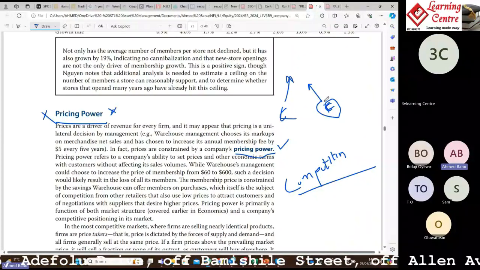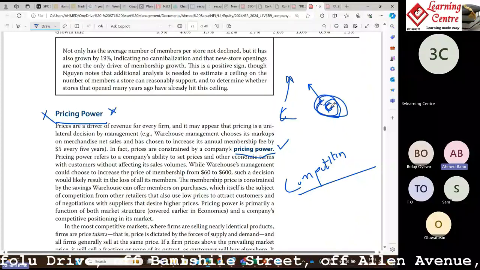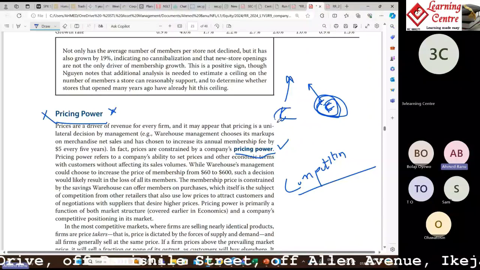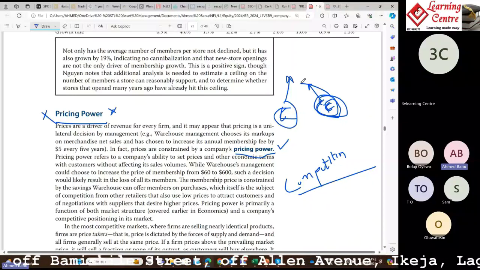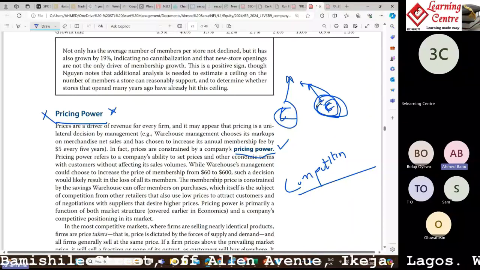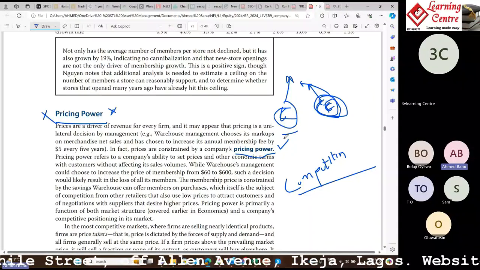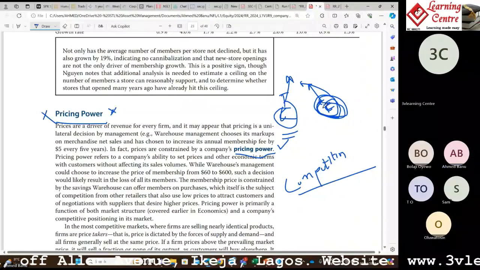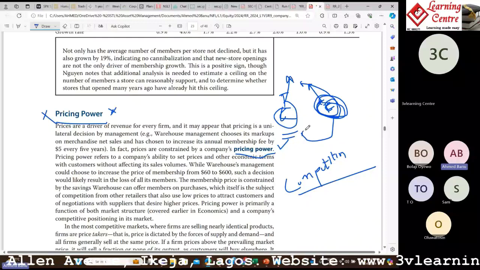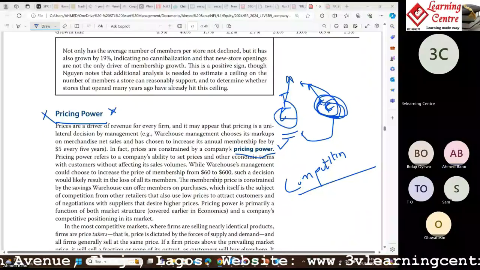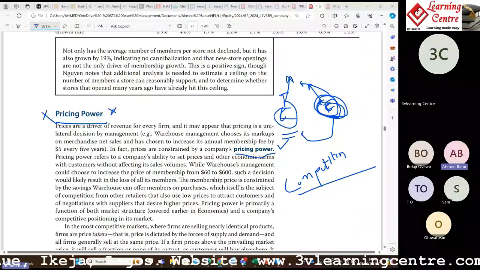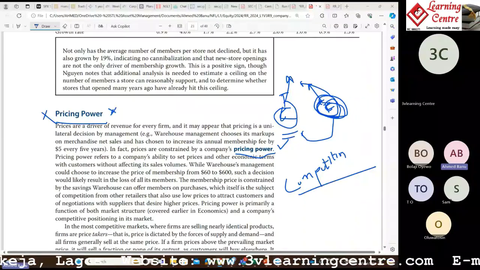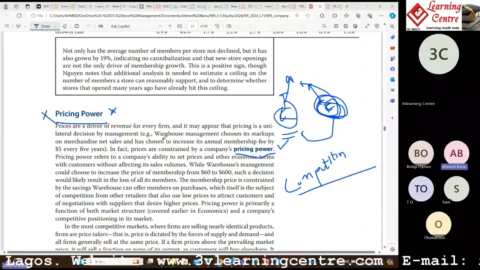If you move your price, a competitor can take your customer. But in a market that's not that competitive, you can increase price at will because the customer knows that there's no point. It is only you that is going to face. Okay. So moving on.